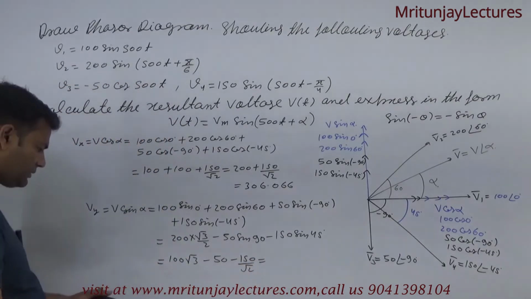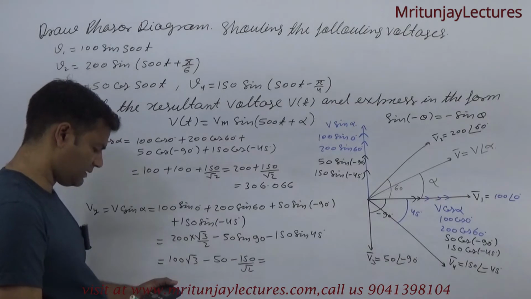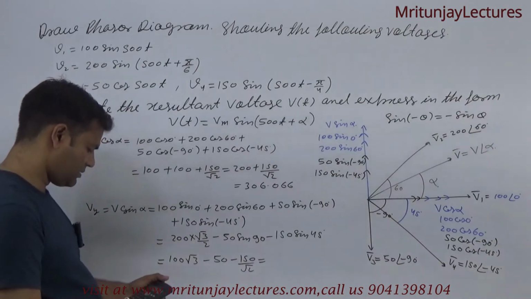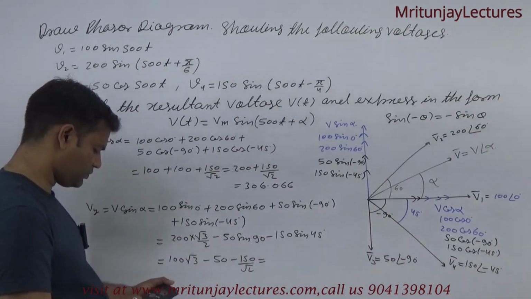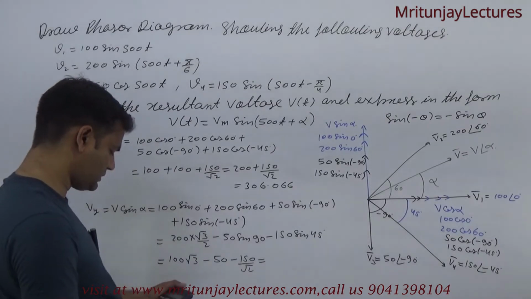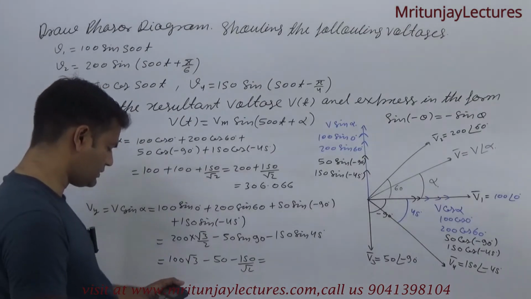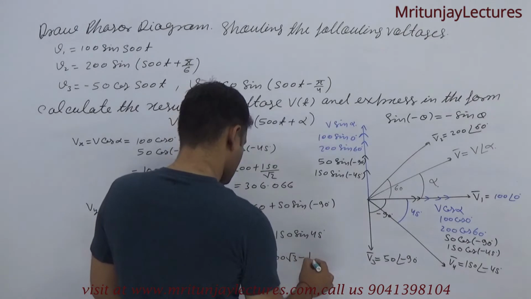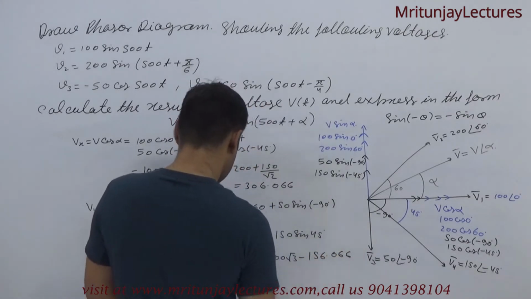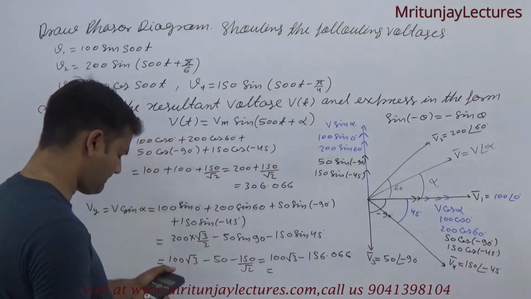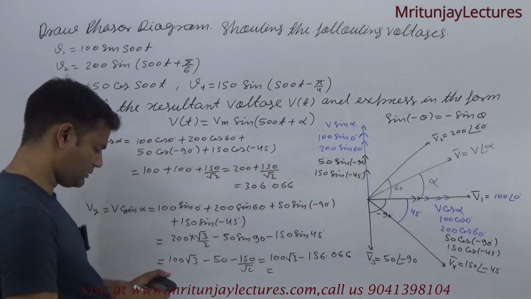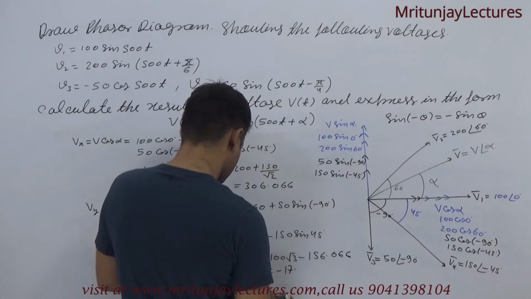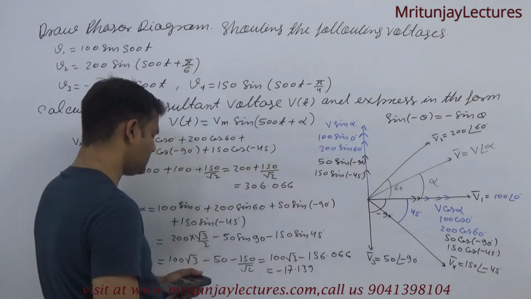So now next target is 150 divided by root 2, we got 106, so 50 plus 106 is 156.066. Then the root 3 part we got, that is minus 17.139. Okay, that is Vy.